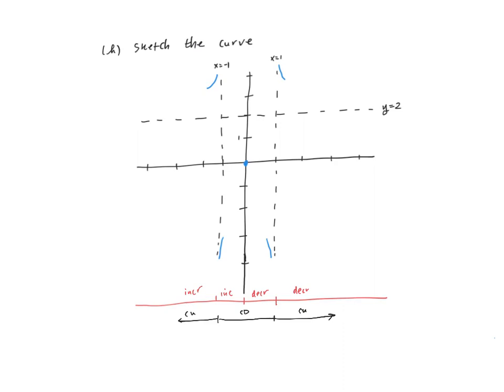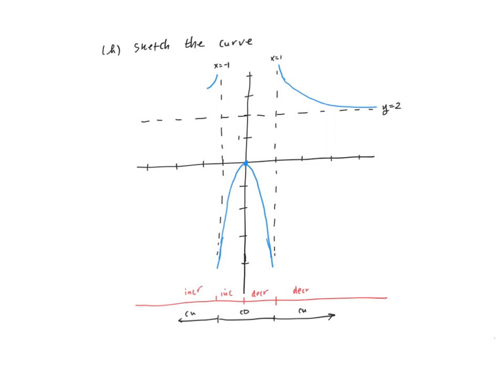So let's go ahead and put this together. If we have a local maximum at 0, we're increasing up to that local maximum, and then we're decreasing afterwards with those desired limits as we approach 1 from the left or -1 from the right. Similarly, if you think about what happens after 1, the function is decreasing, concave up, and approaches that horizontal asymptote at y equals 2.